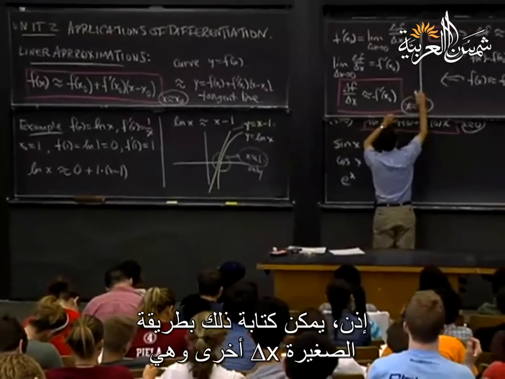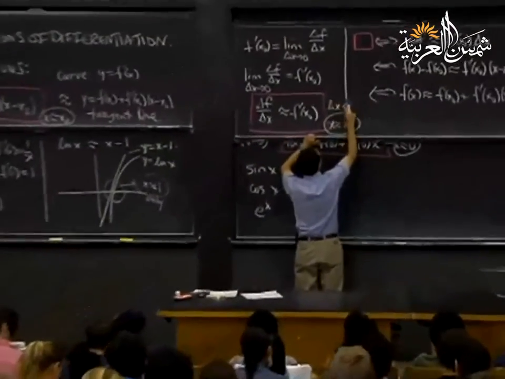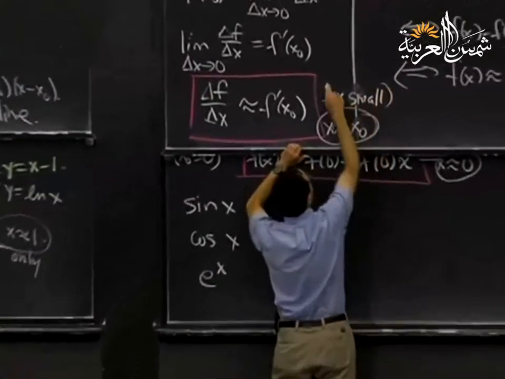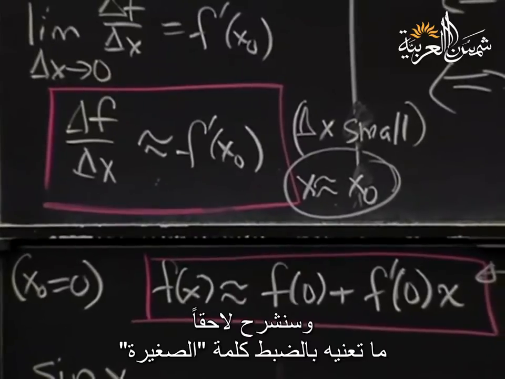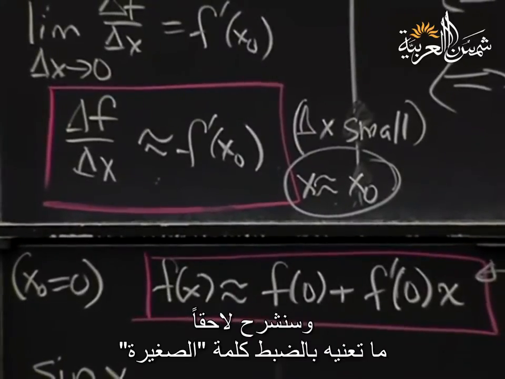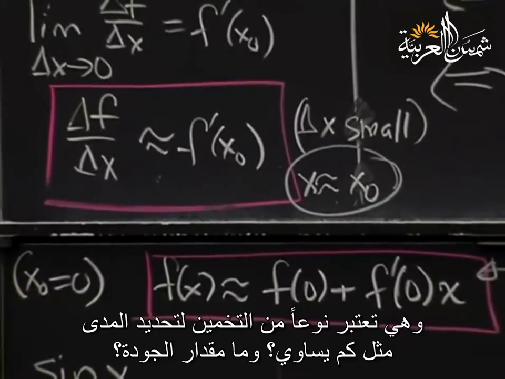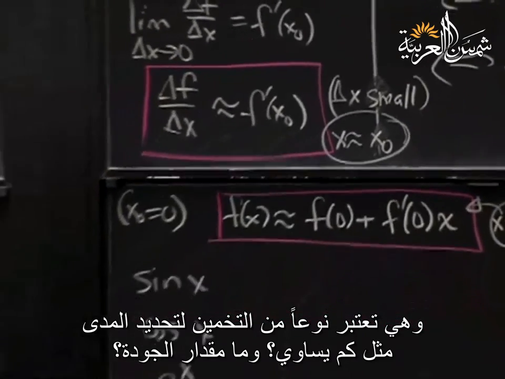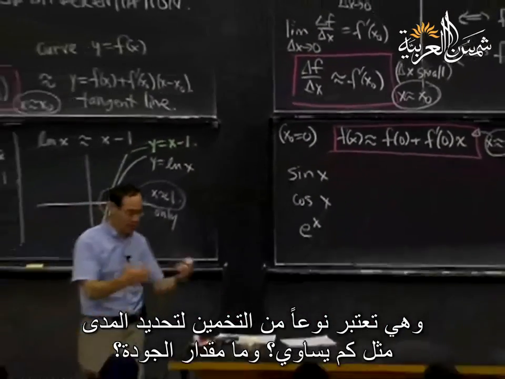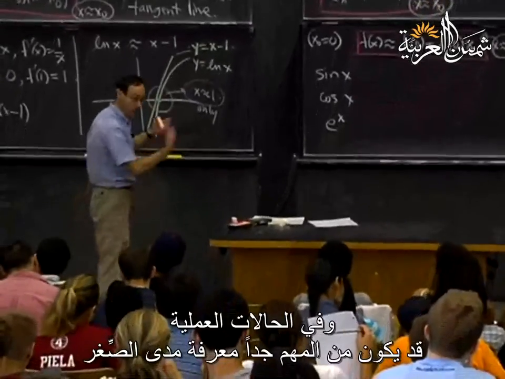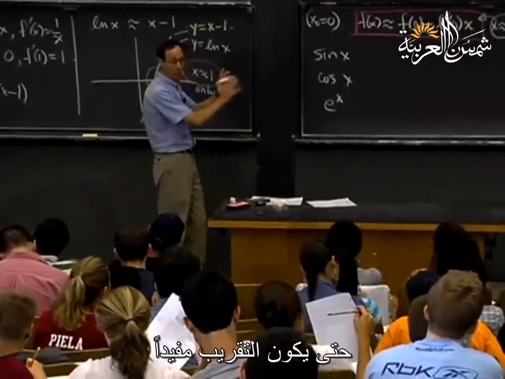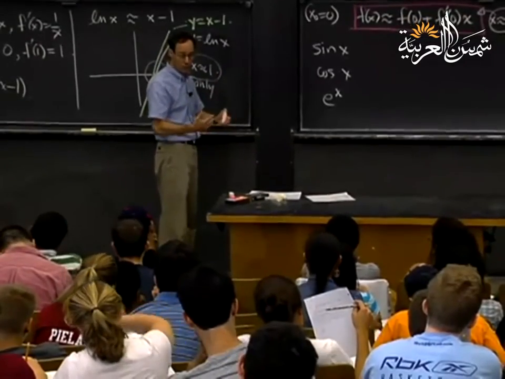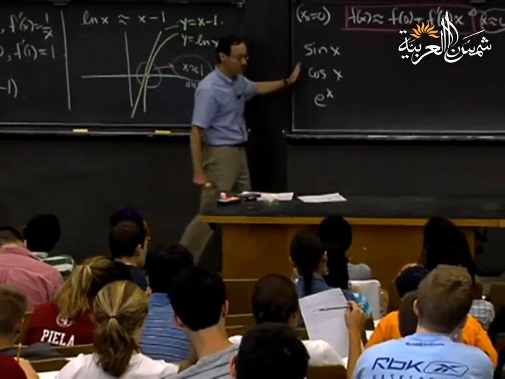So another way of saying it is that delta x is small. Now, exactly what we mean by small we'll also be explaining. But it is a matter, to some extent, of intuition as to how good it is. In practical cases, people will really care about how small it has to be before the approximation is useful. And that's a serious issue.